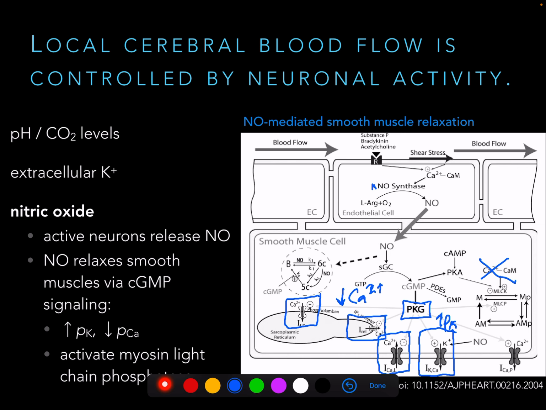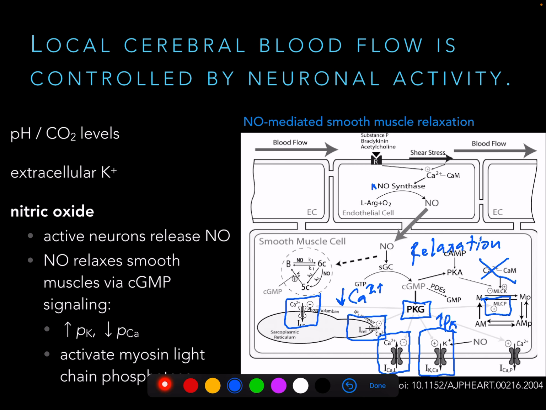So myosin light chain kinase isn't active. Instead, myosin light chain phosphatase is activated by protein kinase G. If we don't phosphorylate myosin, it can't interact with actin, and we don't get any smooth muscle contraction. Instead, we get smooth muscle relaxation. That's what is going on in this diagram here.